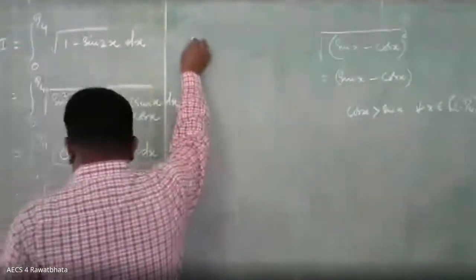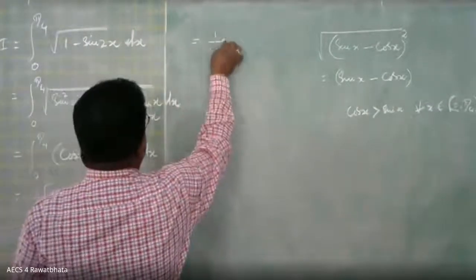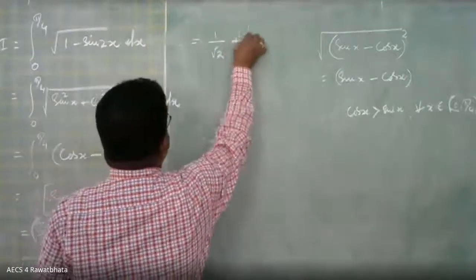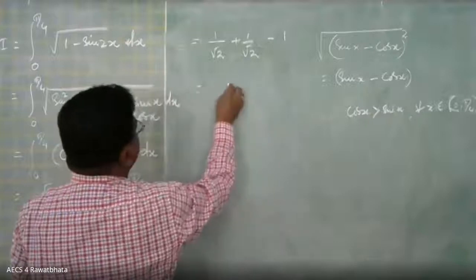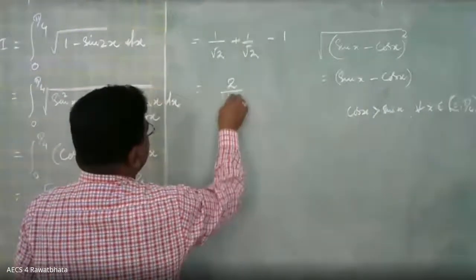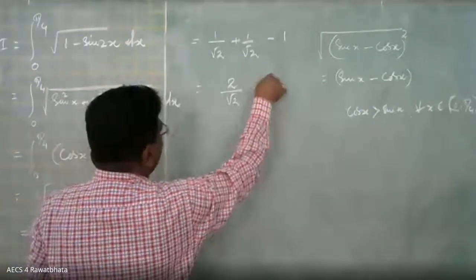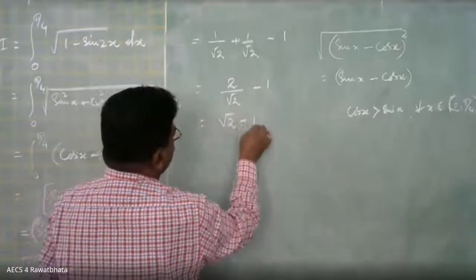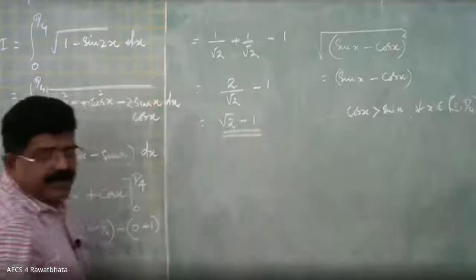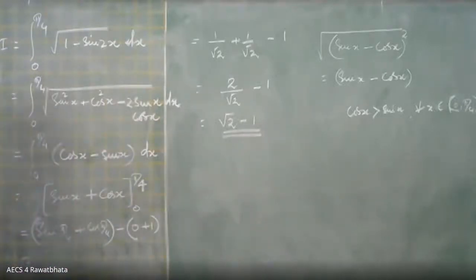So that is equal to 1 by root 2 plus 1 by root 2 minus 1. That is 2 by root 2 minus 1. So that is root 2 minus 1.